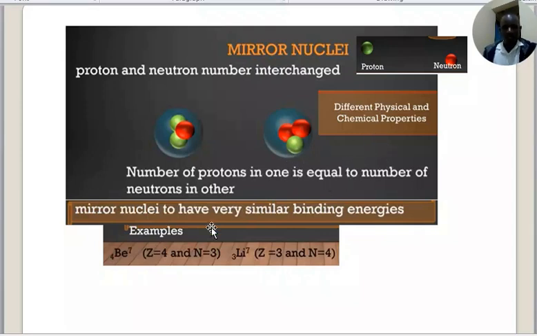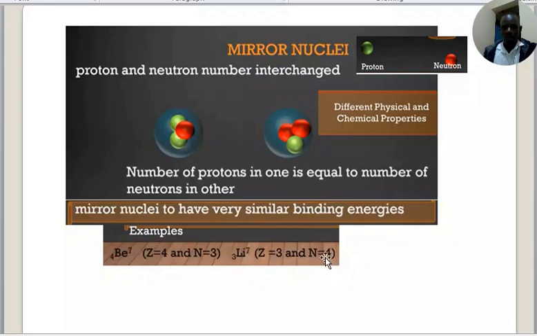An example is beryllium, which has a mass number of 7 and atomic number of 4. So when you get the number of neutrons, you take 7 minus 4, which is 3. At the same time, lithium has a mass number of 7 and atomic number of 3, of which when you subtract 3 from 7, you get 4.